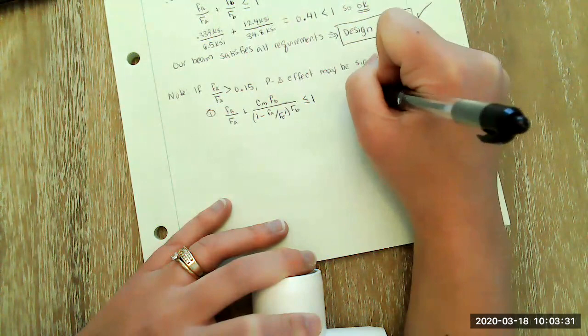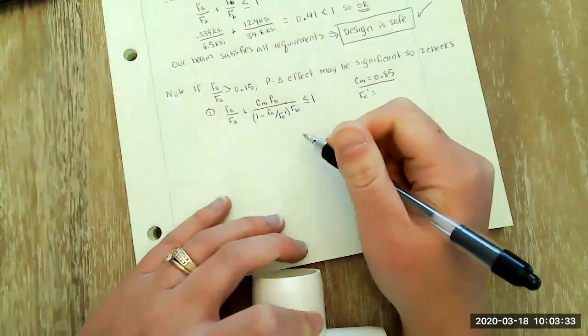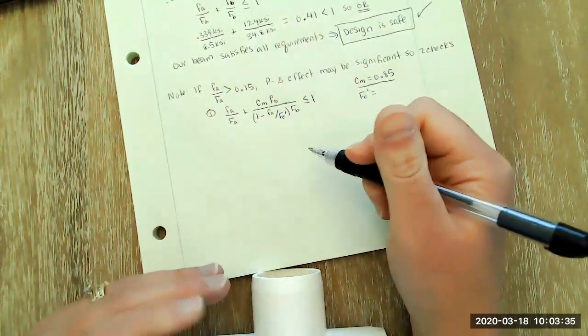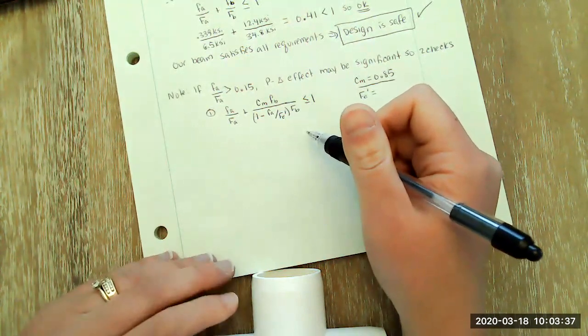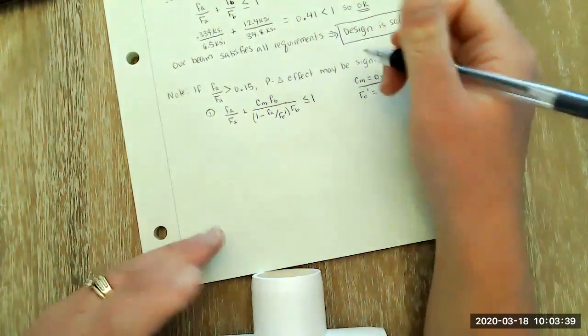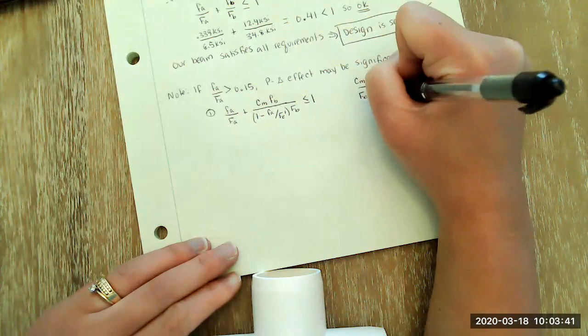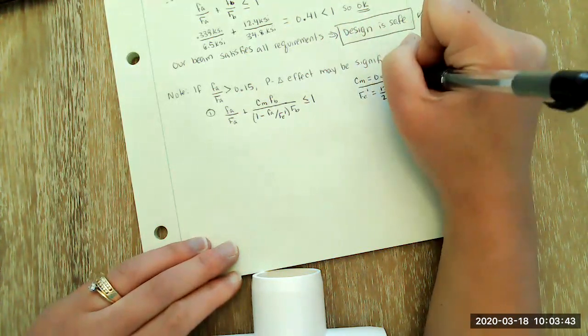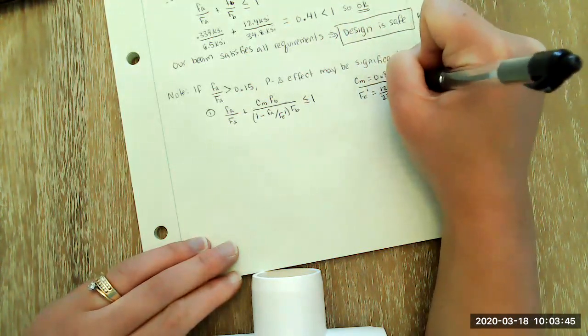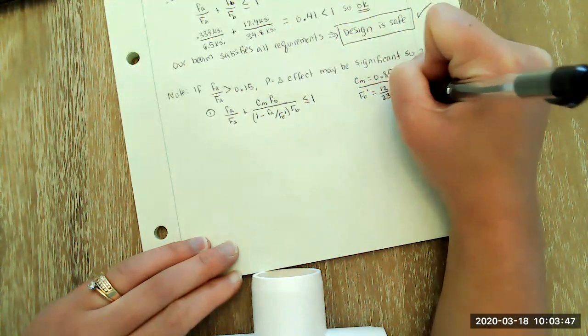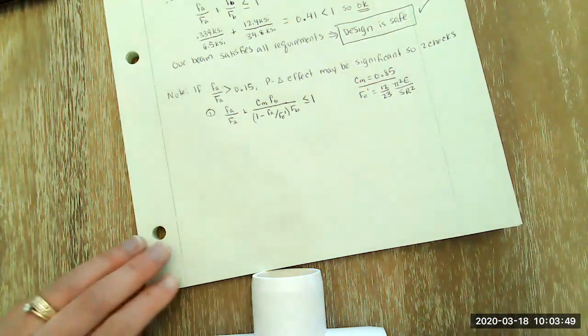And F sub e prime would be your allowable axial compression stress for an Euler column. So the equation is 12 over 23 times pi squared E over your slenderness ratio squared.